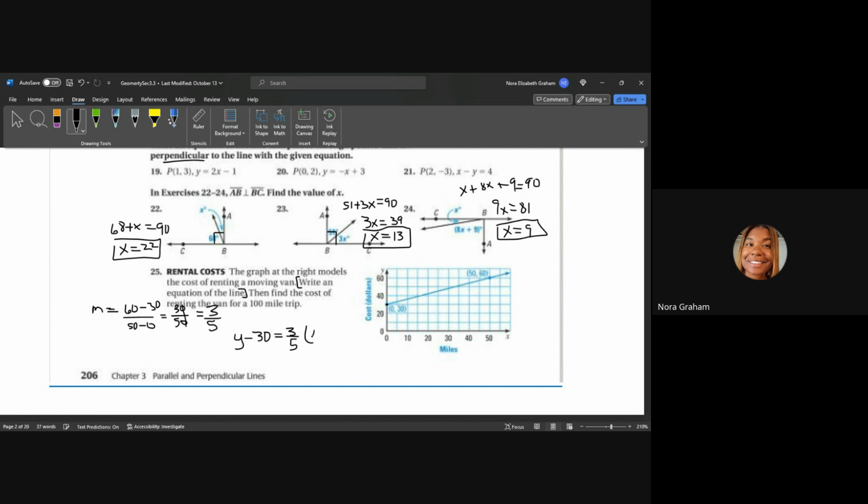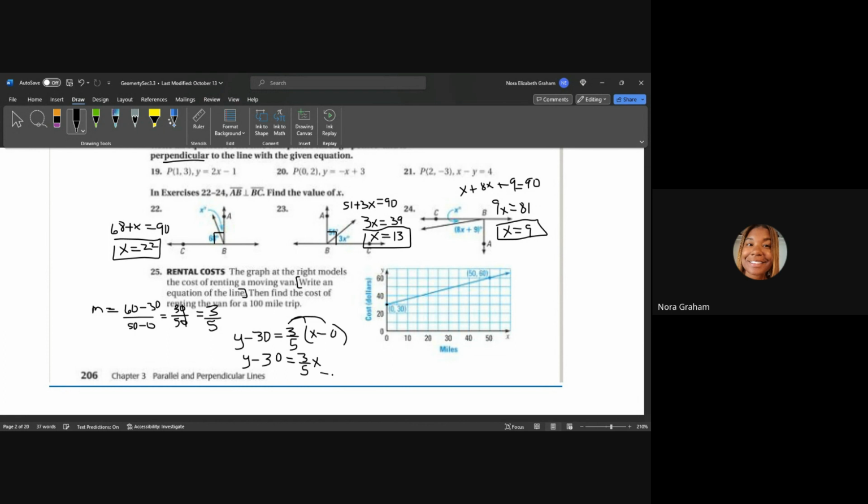And then I have x minus 0. Then I distribute this through because I want to isolate my y. I have y minus 30, which comes along for the ride. When I distribute that through, I get 3 over 5x. Then I add that 30 to the other side.